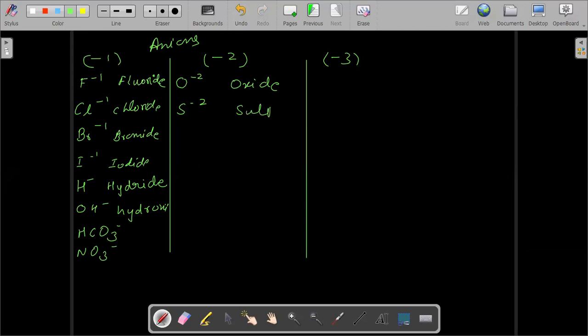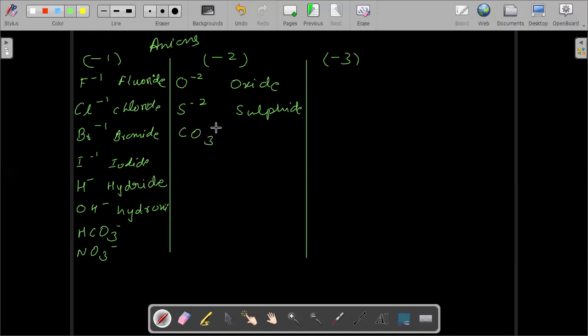You can check that sulfur has a valency of -2, and that is why sulfur forms an anion as a divalent anion. So this is not sulfur, this is sulfide. Sorry, we'll be writing it as sulfide ion. Oxide, sulfide.